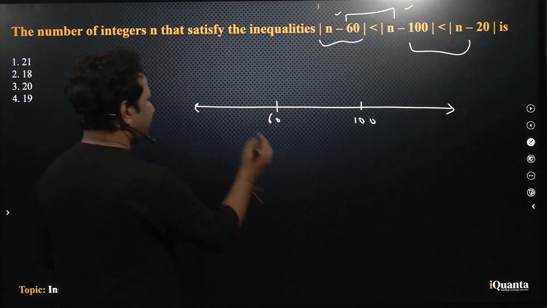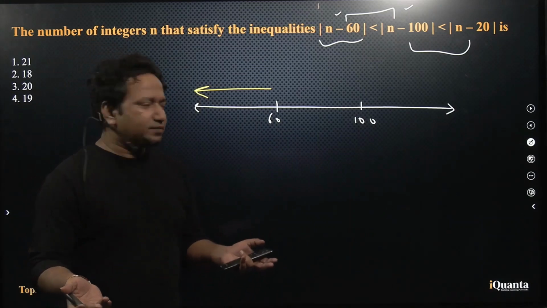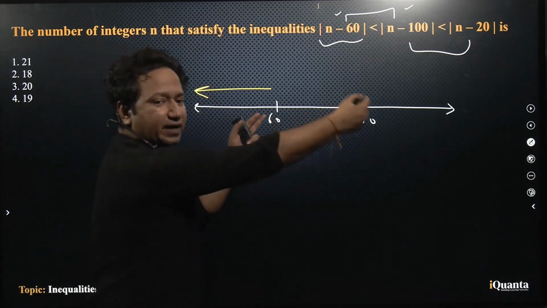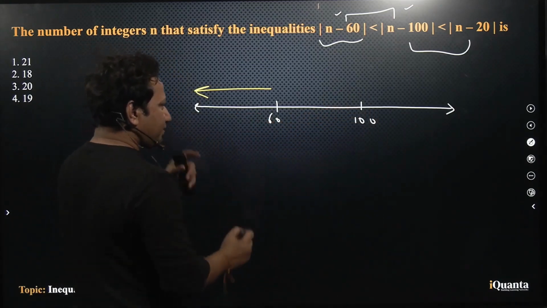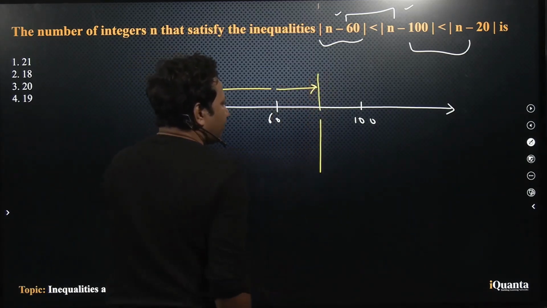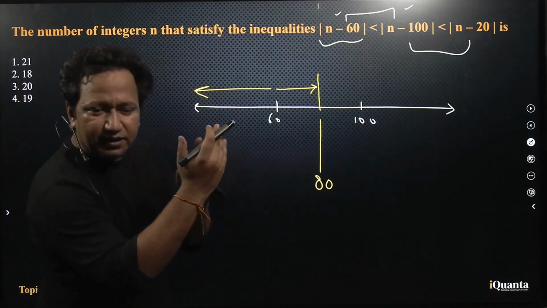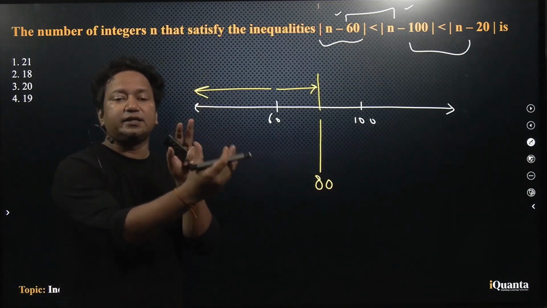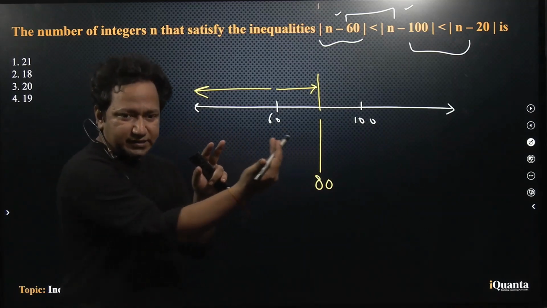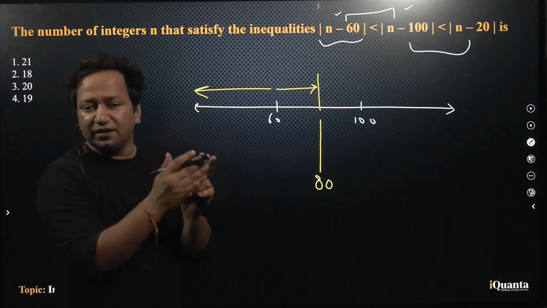So anything which is in this interval will be closer to 60, of course. 100 is far away. Moreover, anything somewhere in between would be closer to 60. This range will be up to 80 because 80 is exactly in the middle of 60 and 100. Anything less than 80 would be closer to 60, not to 100.